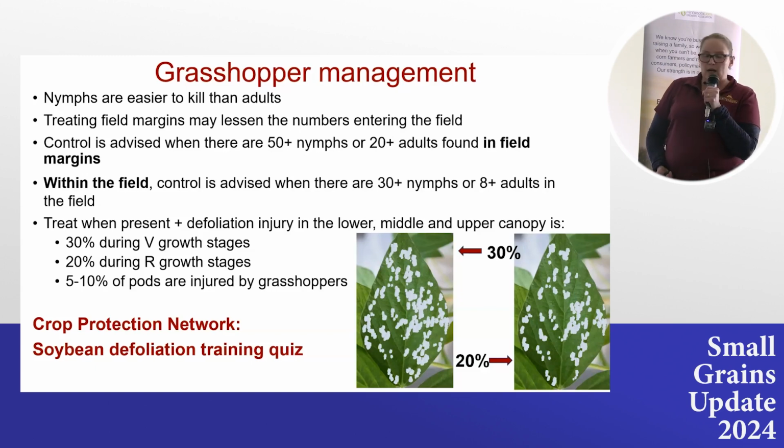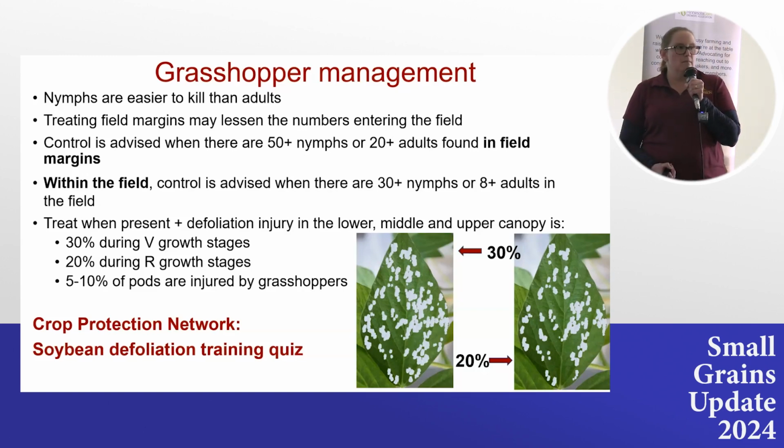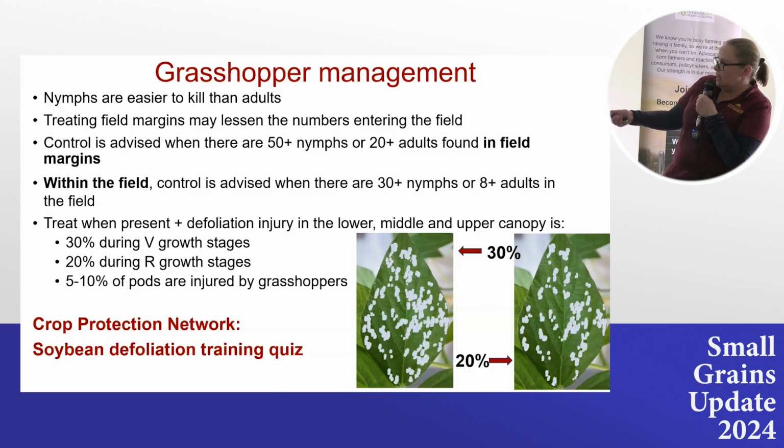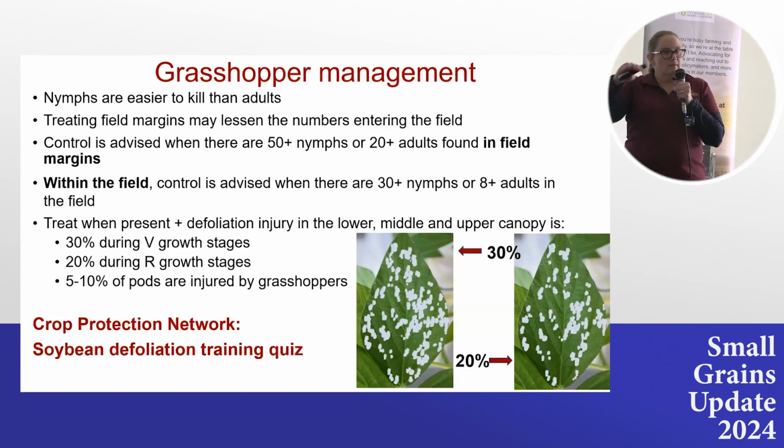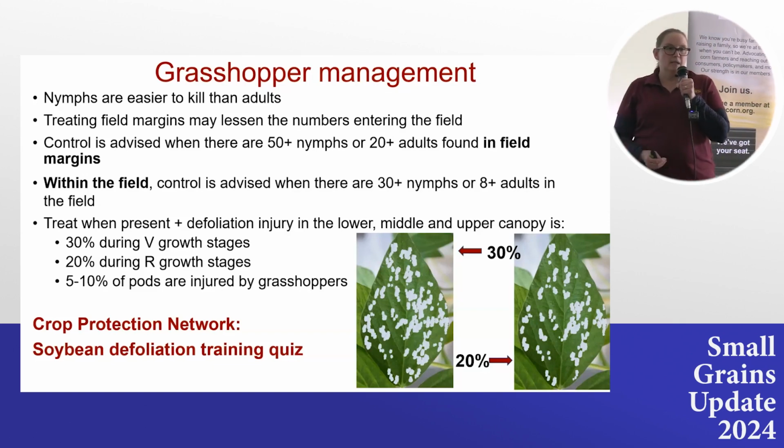There's also another way to make a treatment decision based on thresholds, and that's particularly useful when you have multiple defoliators present. And that's based on looking at defoliation injury. So oftentimes you'll have more defoliation taking place towards the top of the plant.